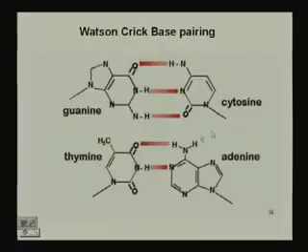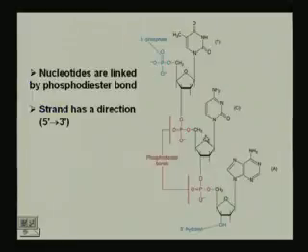Okay. So, now if we look at the structure, what is going to happen? When we have T at this position, we are going to have a linking of the T with an A of the other strand, right. If we are looking at a C here, we are going to have this link with a G of the other strand.